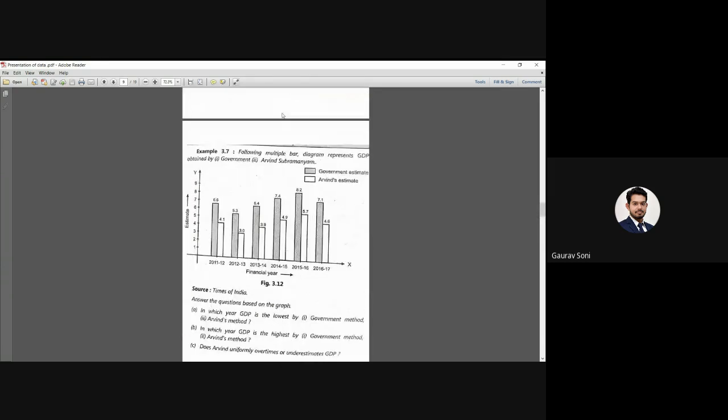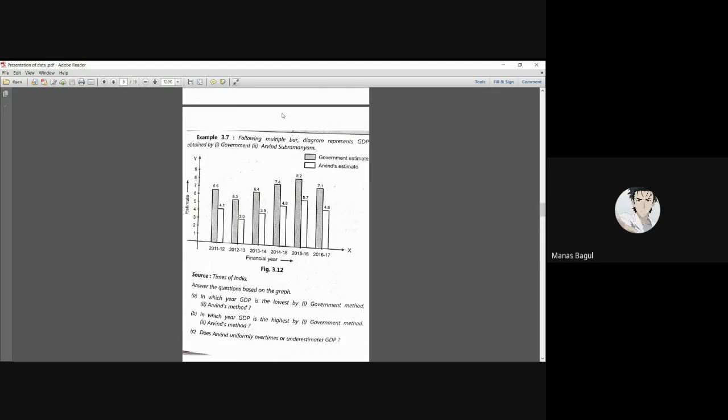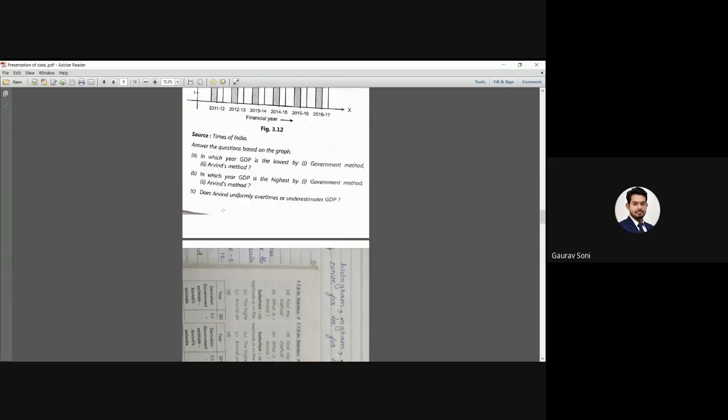Find the yearly deviation of Arvind's estimate from the government's. So what do we mean by deviation? The difference between the original value and the found value. So 6.6 minus 4.1.